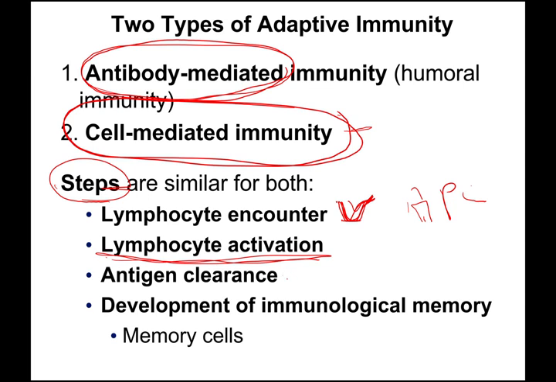This leads to the removal of the antigen and the pathogen which has entered. And at the same time, it leads also to the formation of memory through the formation of memory cells. So the steps are the encounter with the antigen, the activation of the lymphocytes, the removal, and, at the same time, the formation of memory against that specific antigen.